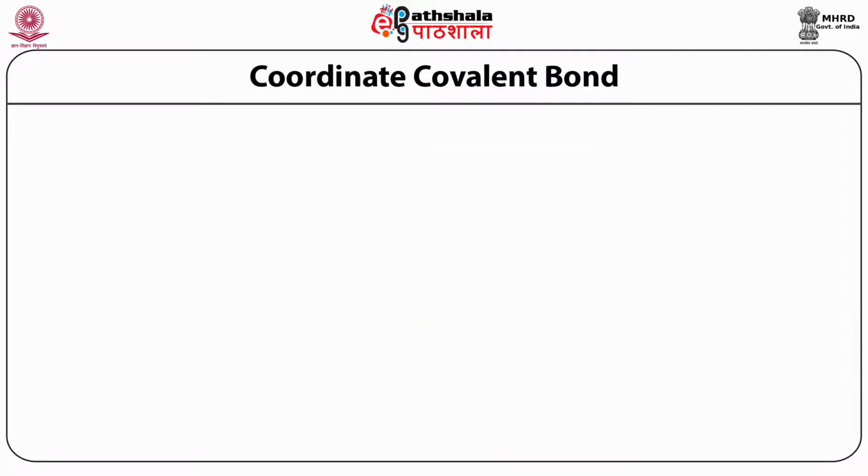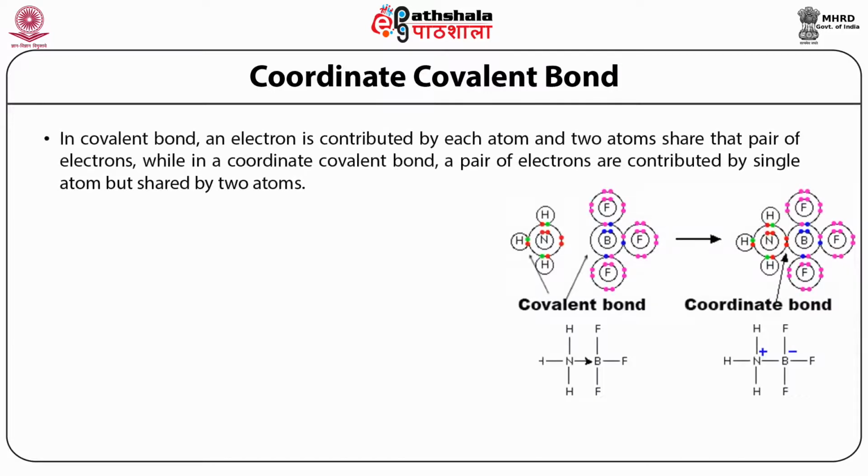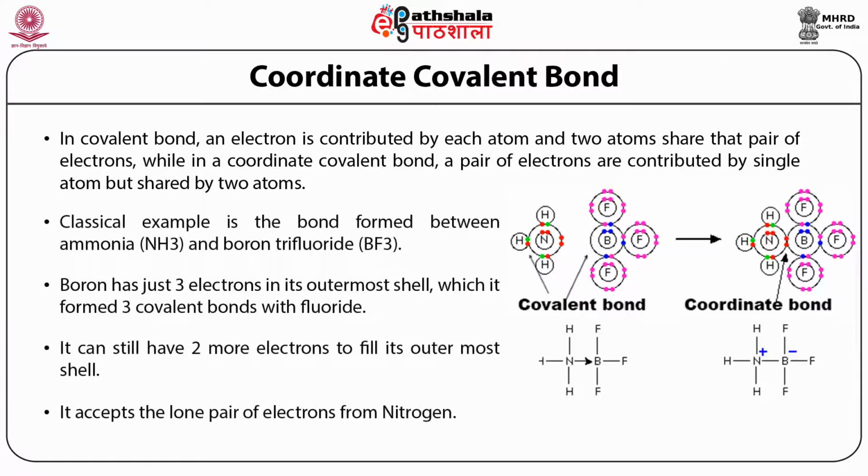So the next bond is the coordinate covalent bond. In the covalent bond, what we have learned is that each electron is contributed by the two atoms. The pair of electrons is shared by both of them. But in the coordinate covalent bond, only one atom gives two electrons, and then the electrons are shared by the two atoms. The classical example, which you might have learned in school, is the bond between ammonia and boron trifluoride.